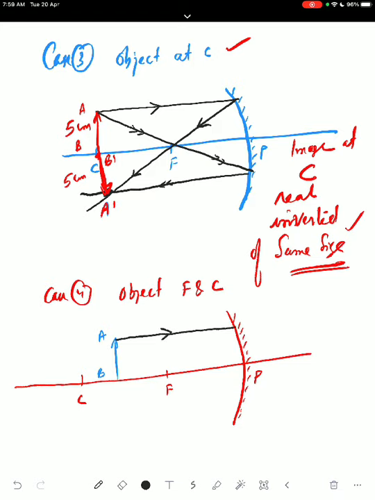After reflection, it passes through the focus. So there is no change, exactly the same way. This is the ray after reflection passing through the focus.